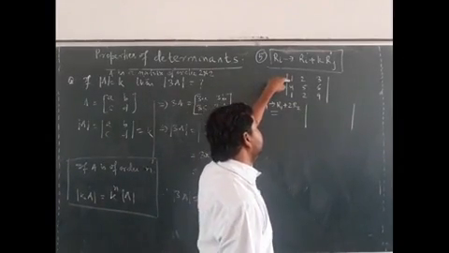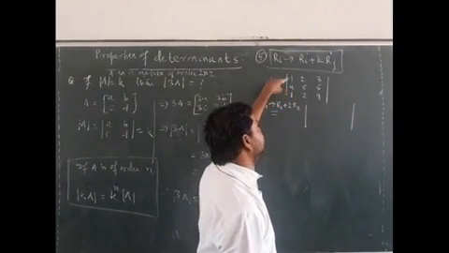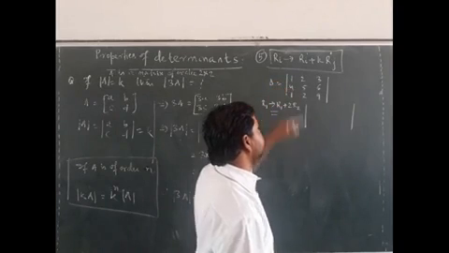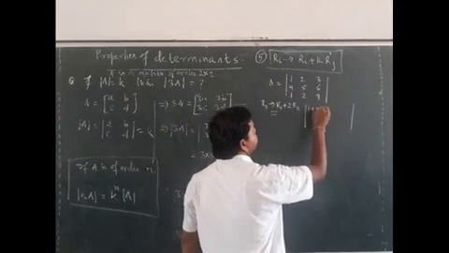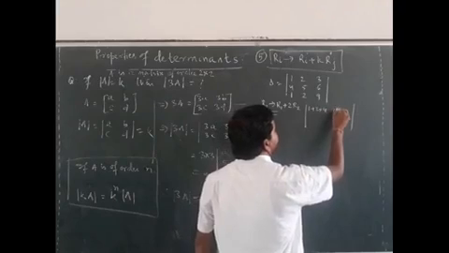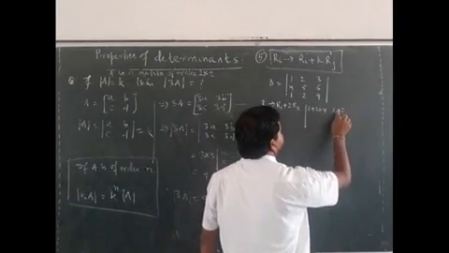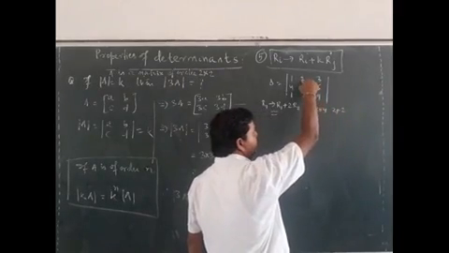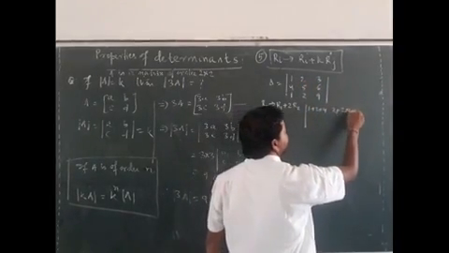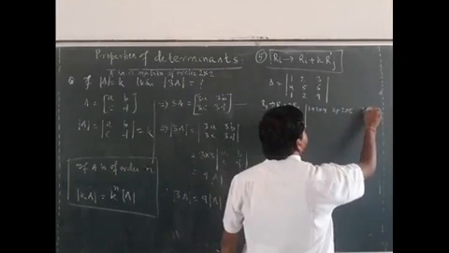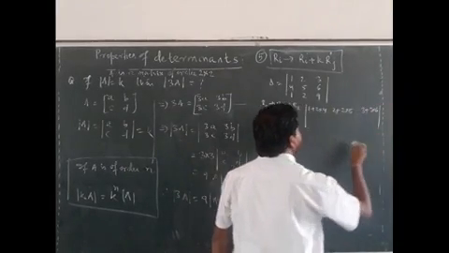You see, this is row 1 plus 2 times row 2. So this is 1 plus 2 times 4. This is 2 plus 2 times 5. This is 3 plus 2 times 6.